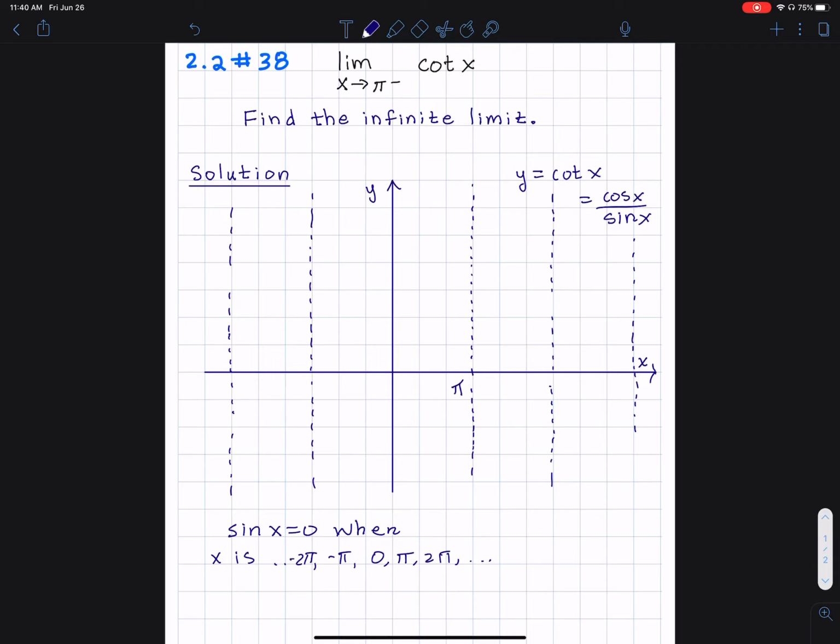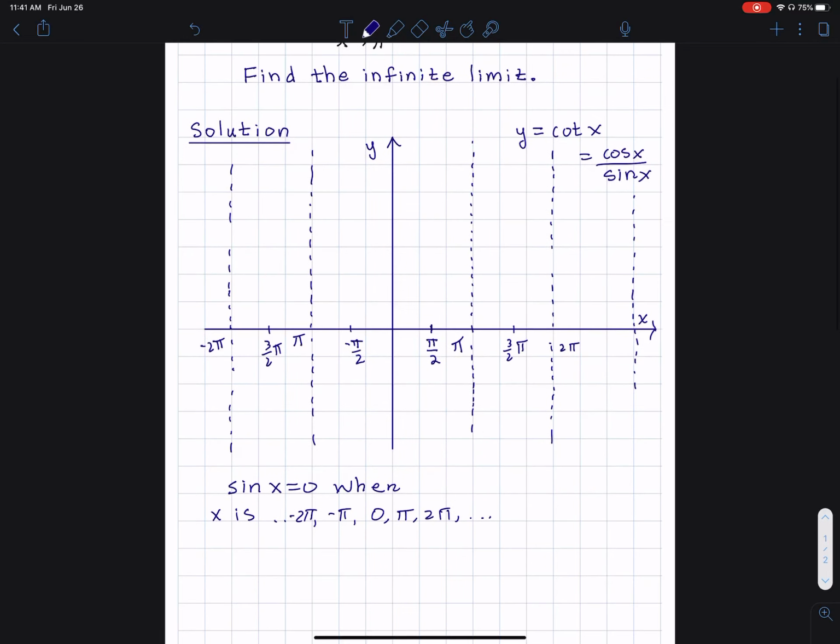Actually, it's not perfect because I want to put pi over 2 here. That didn't come out very evenly, but that's the way I did it. Okay, now let's look at some other things.